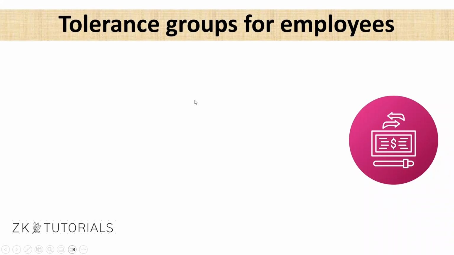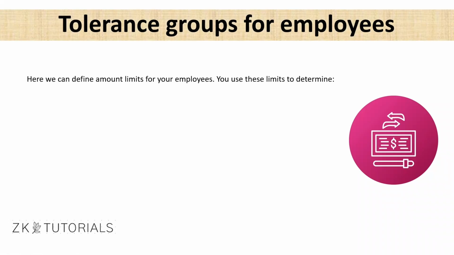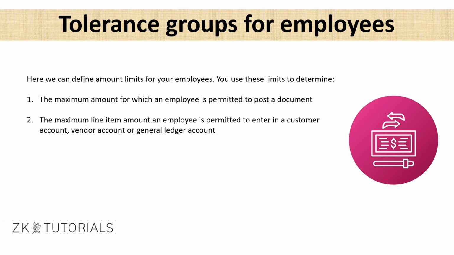tolerance groups for employees. Here we can define amount limits for your employees. You use these limits to determine the maximum amount for which an employee is permitted to post a document, and the maximum line item amount an employee is permitted to enter in a customer account, vendor account or general ledger account.